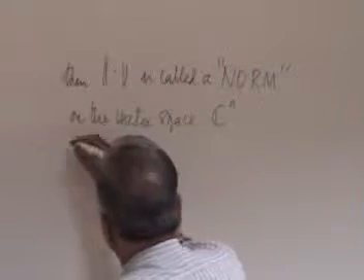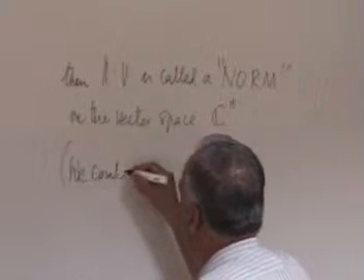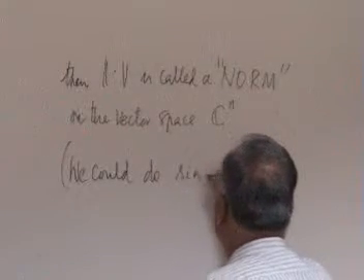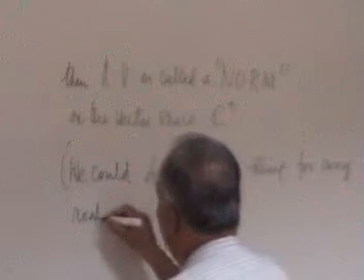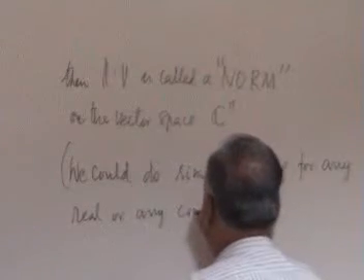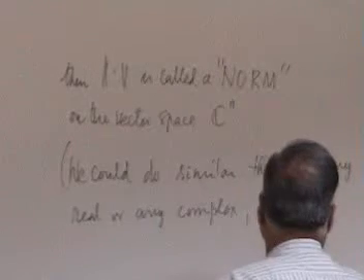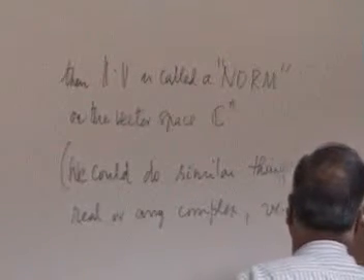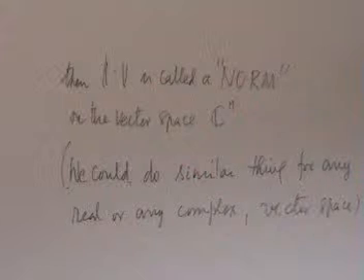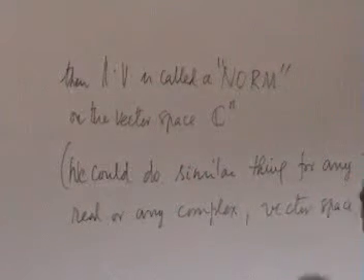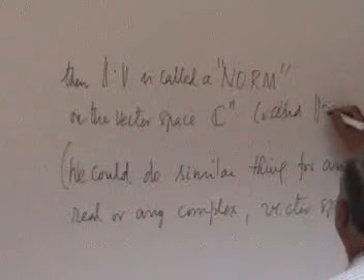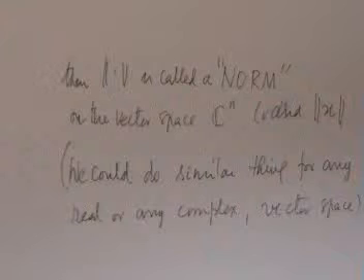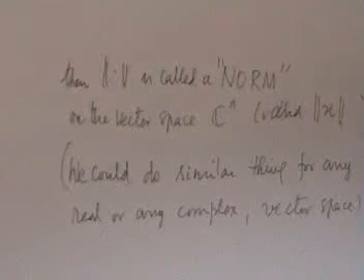We could do the same thing for any real or any complex vector space. With each vector you associate a number. Then this is called a norm, or the length of the vector. And if we write norm x, we call it norm x or length of x.